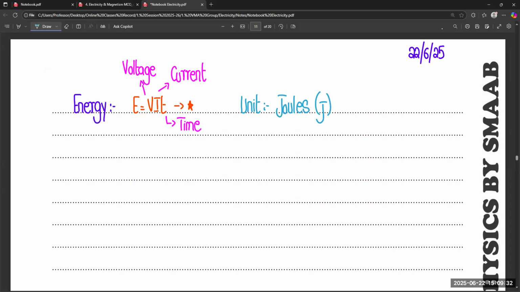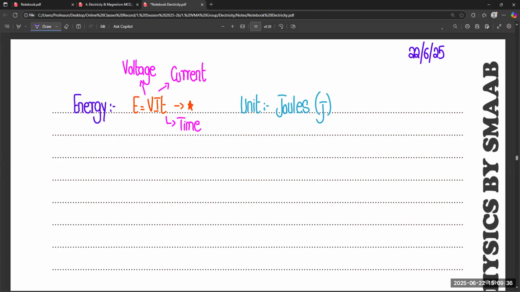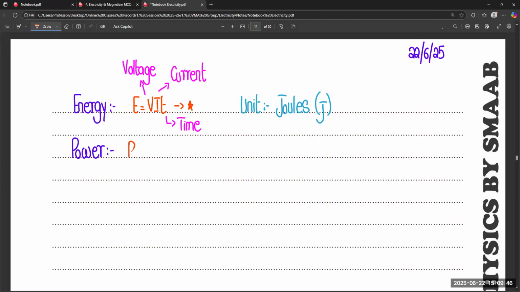And in the same way, if we consider electrical power, the basic general formula of power is energy or work done upon time.